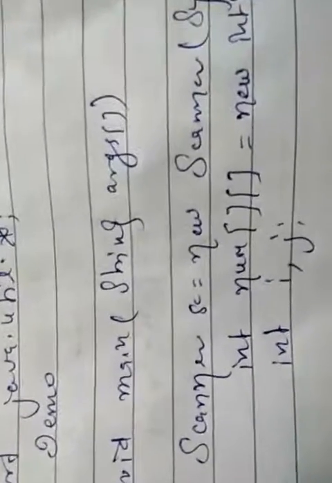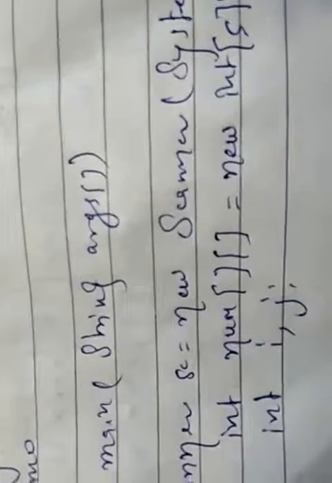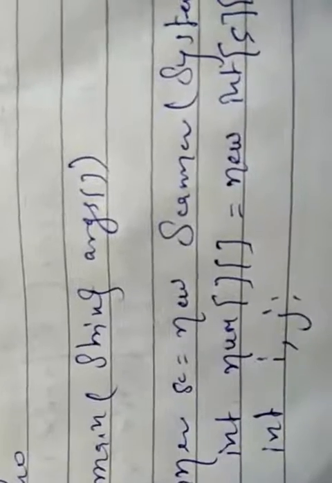Import java.util.star, class demo, public static void main, String args. Then we have to declare the object of the Scanner class, then integer num, a 2-dimension array, new integer, and the size of this is 5 of 5, and we have i and j for the index values.